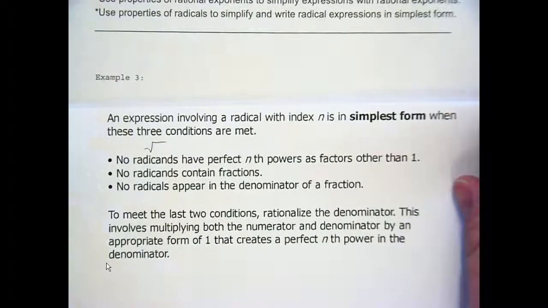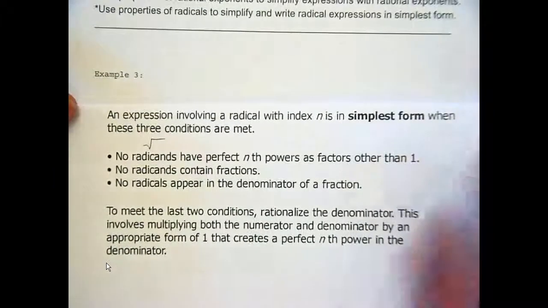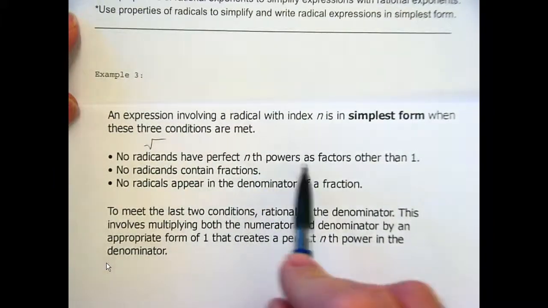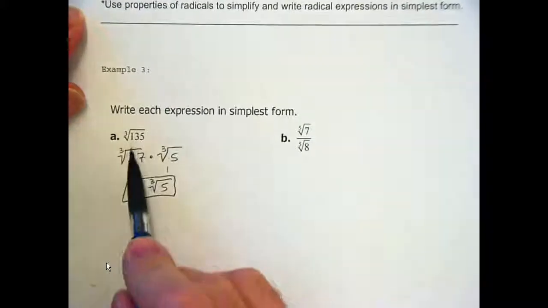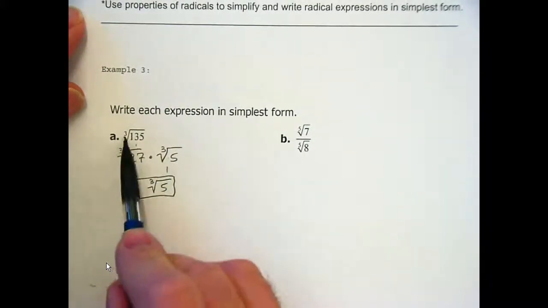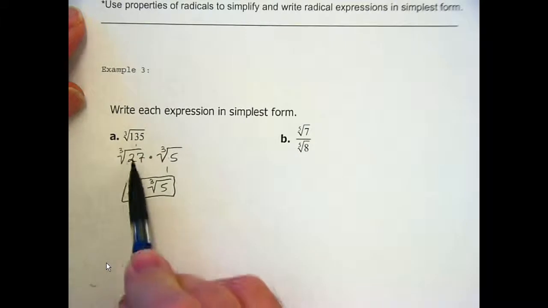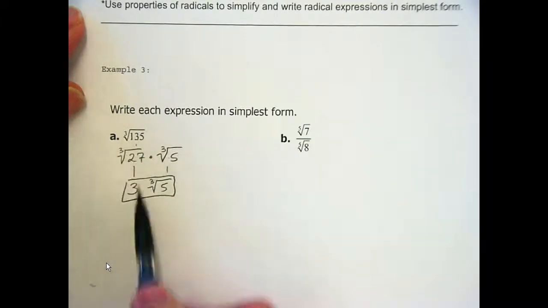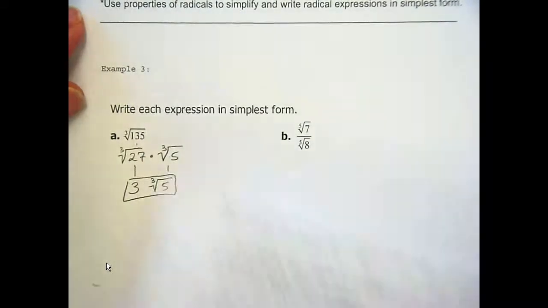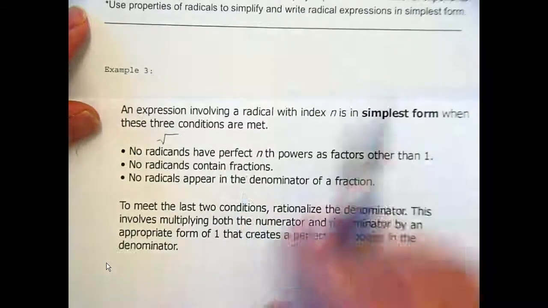What all that means is first, no radicand has a perfect nth power as a factor other than 1. That's what happened here. This is my nth power. It has a perfect nth power as a factor. Therefore, we took that out. The second one, no radicand contains fractions.